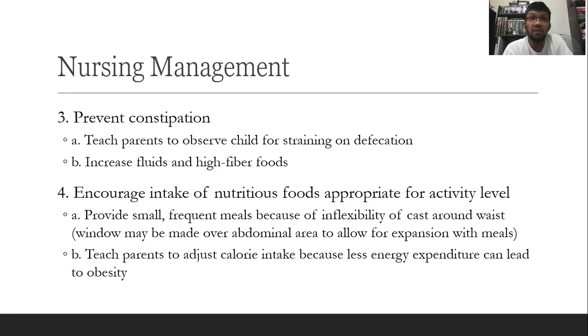And sometimes if they are full, it becomes globular. So to allow for expansion of the abdomen after meals, a window on the cast is going to be done by the orthopedic surgeon. We also need to teach parents to adjust the calorie intake because less energy expenditure can lead to obesity. So since they are immobile, maybe we need to make certain adjustments on the diet of the child.